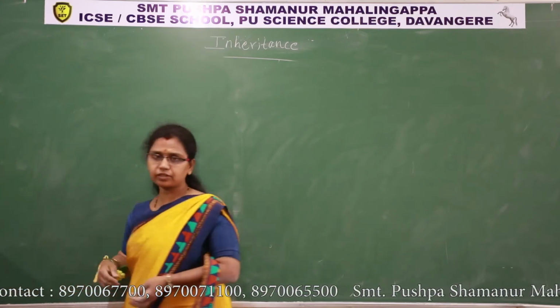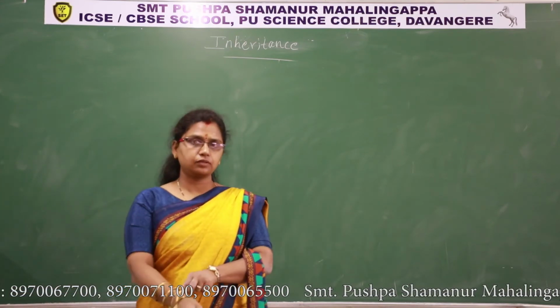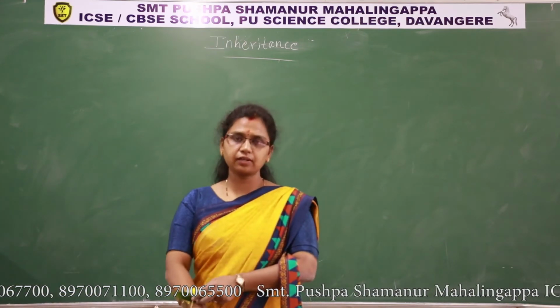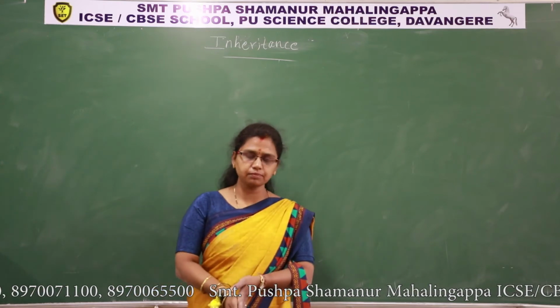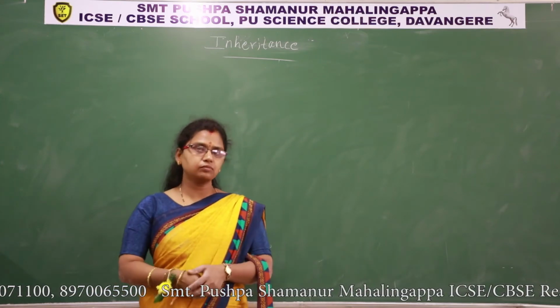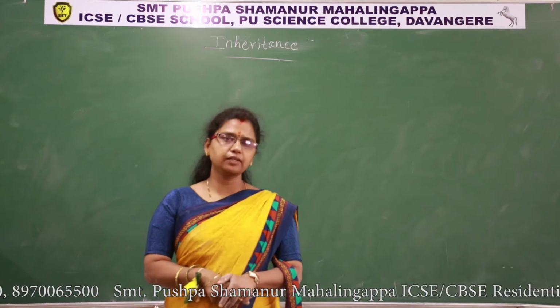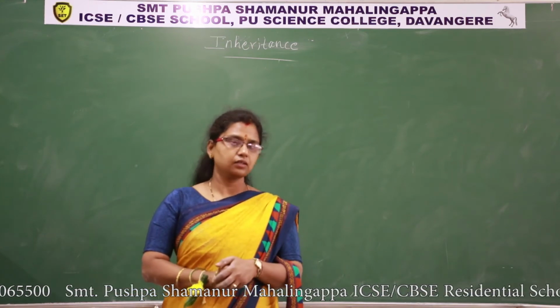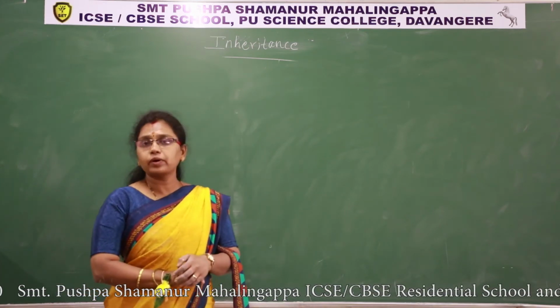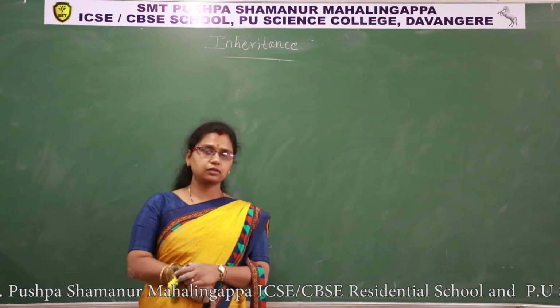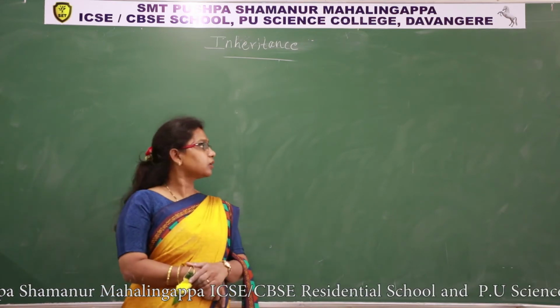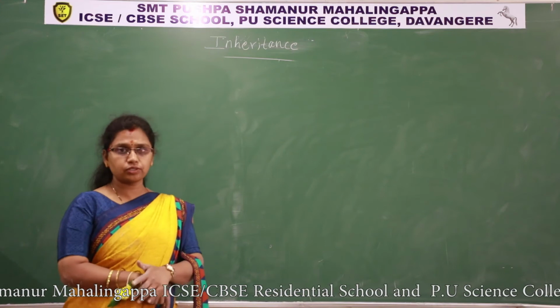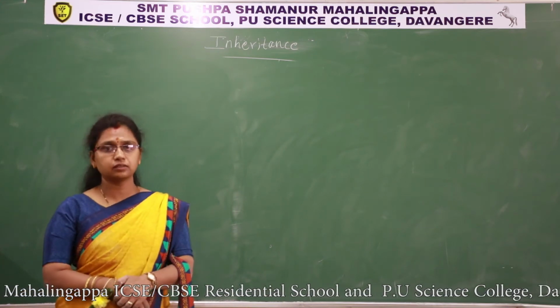So the chapter weightage is 5 marks. So don't neglect even 5 marks. It's very simple. So the things are more, but once you understand the concept, you can easily write. So one 5-mark question will come in the exam. So what type of 5-mark questions do you get? Let us discuss.